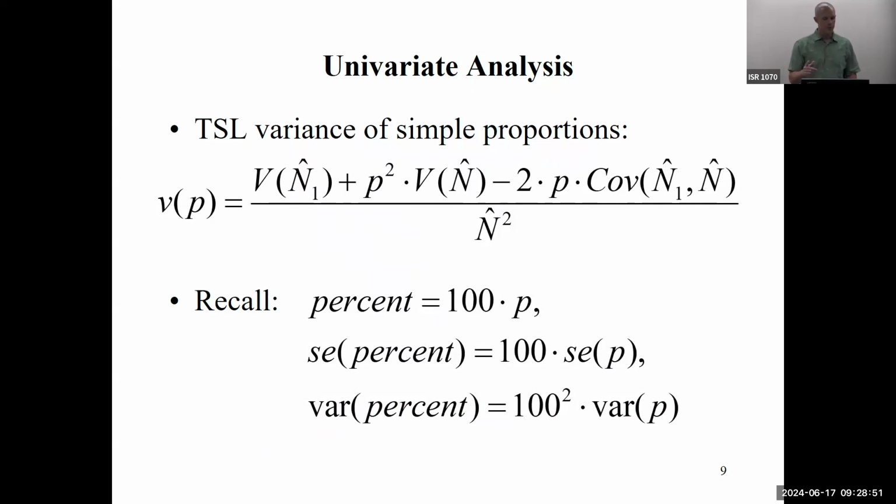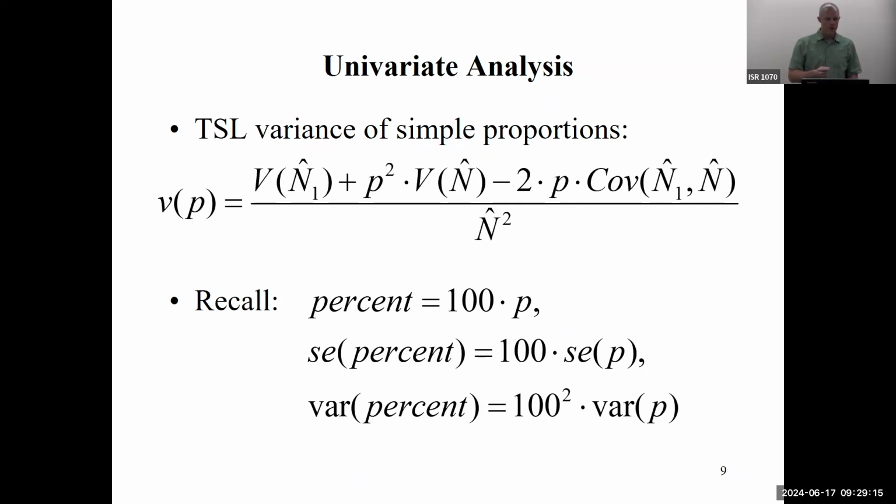This formula as well is no different from what we've seen in previous discussions of linearization. We need the variance of an estimated total. We already know what P is based on our weighted estimate. We need the covariance of those 2 estimated totals. And then we just need to plug in that estimated total for the size of the population in the denominator. So same formula we saw for the weighted mean, no different.